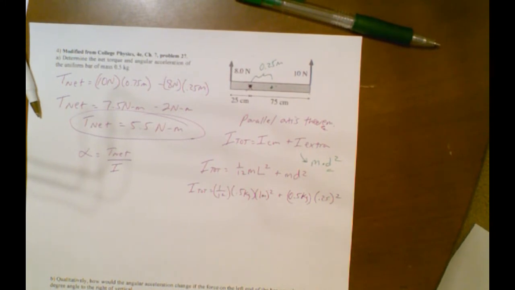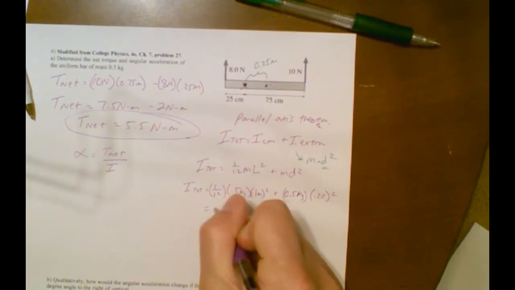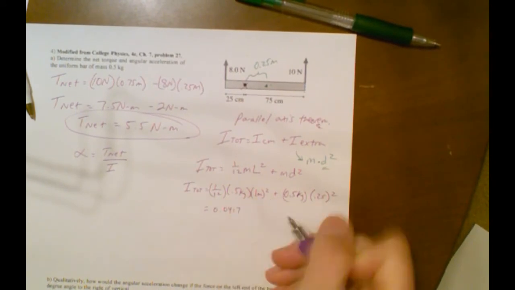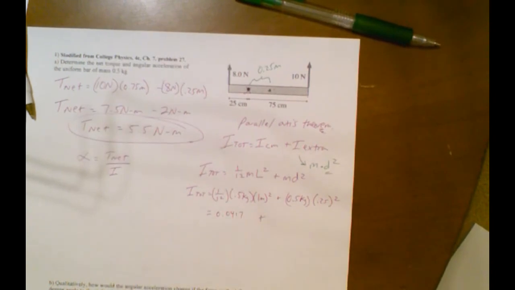I'll have this in decimal. This is 0.0417. And this is a quarter squared. 1/16 times a half should be 1/32, which it is.